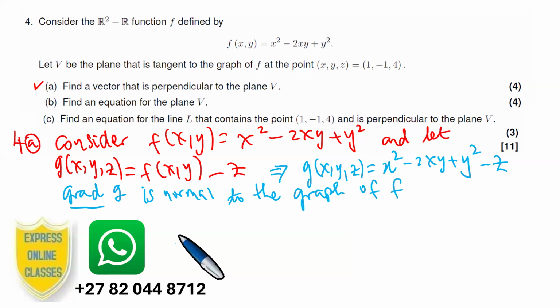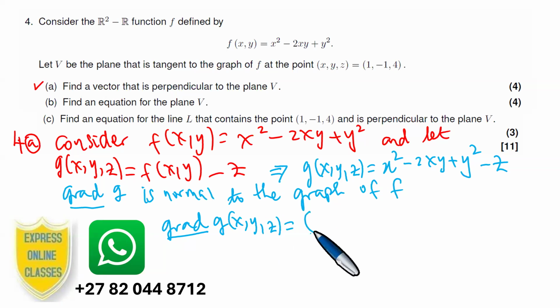At this point, we can find the gradient of the function g, and g is a function of 3 variables, x, y, and z.